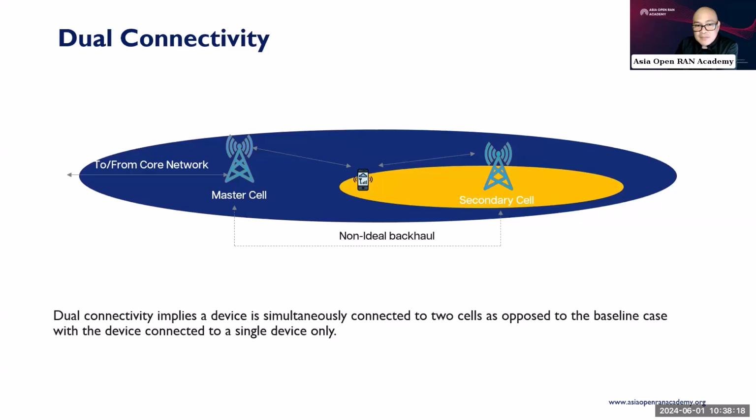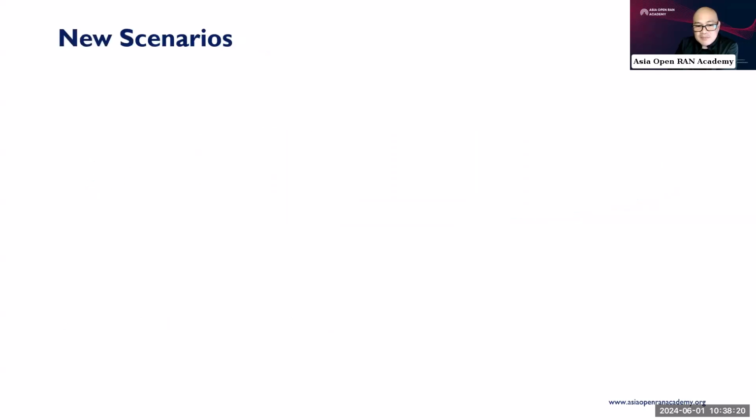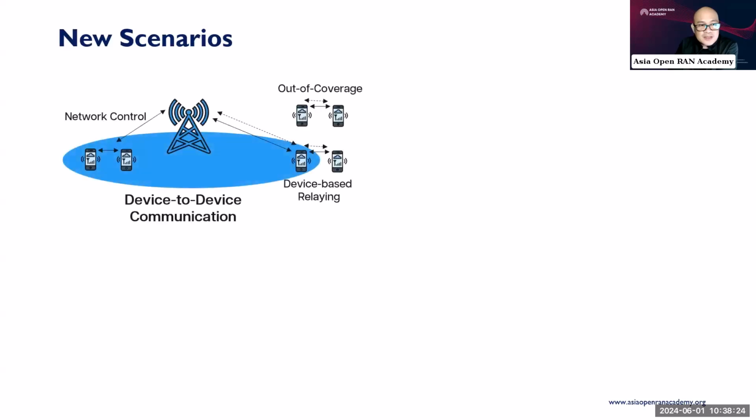And of course, marami pa tayong mga scenarios na in-implement sa LTE going to 5G. So you have the device-to-device connection. Kung meron tayong uplink from mobile station or from the user equipment going to the eNodeB, we call it the uplink. From the eNodeB going down to user equipment, we call it the downlink.